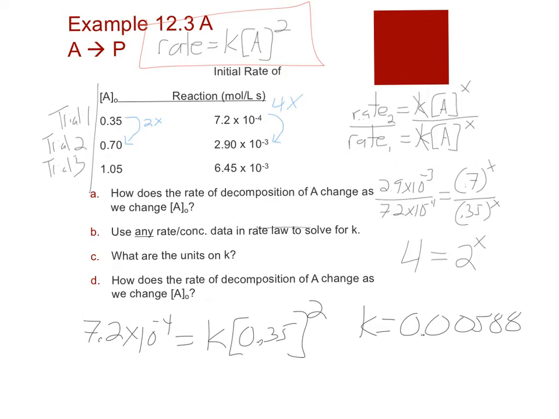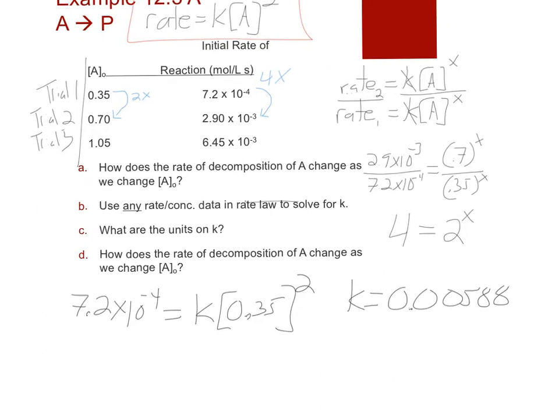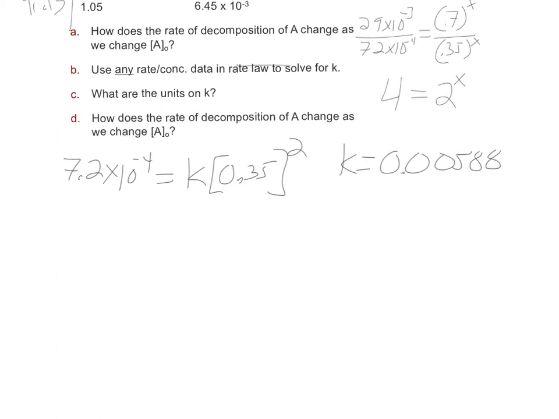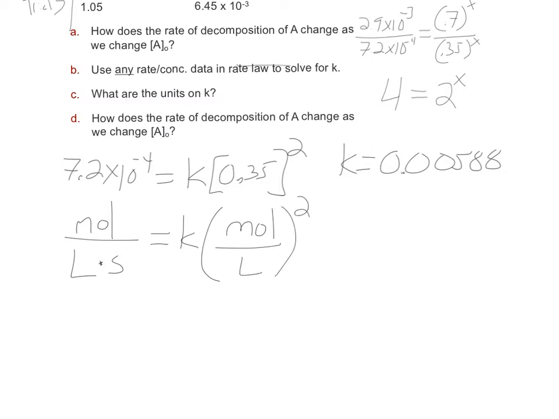0.00588. Okay. Now, what are the units on K? Every problem has unique units on K. If we look at this, we see the units on rate are moles per liter per second, change in concentration over time. K is its own thing, and molarity over here is still moles per liter squared, so moles squared over liter squared.